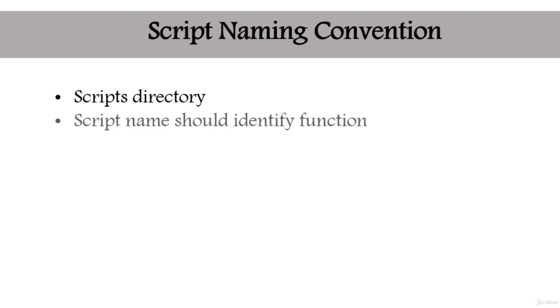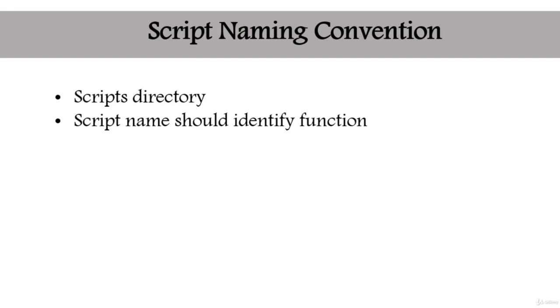That is fine. Then script name. The script name should identify the function. If you are going to get into a job, or if your job functionality revolves around creating a lot of scripts, doing a lot of automation, then it's best that you name it to match its purpose.